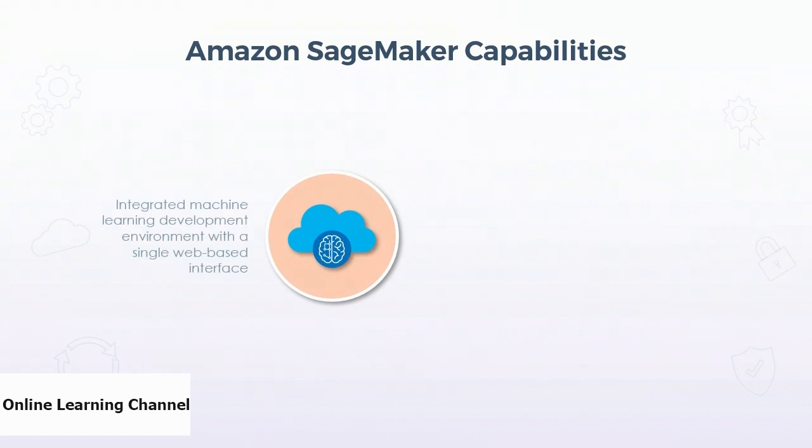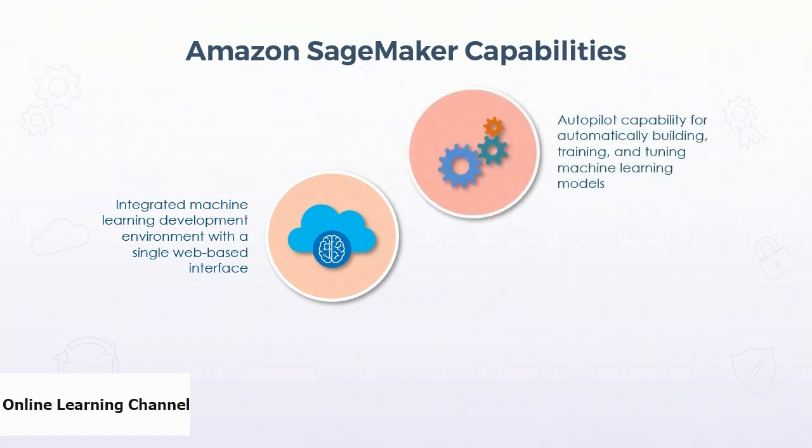SageMaker provides an integrated development environment for machine learning where users can use a single web-based visual interface for every step in machine learning model development and deployment. SageMaker has an Autopilot capability where it can automatically build, train, and tune machine learning models by selecting an appropriate algorithm based on the dataset at hand.